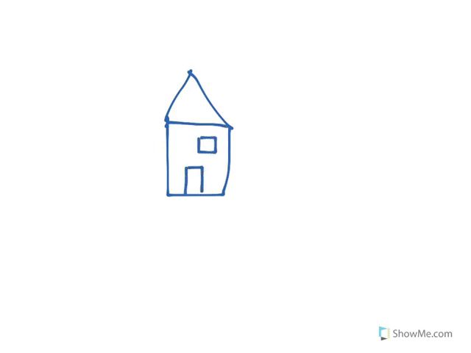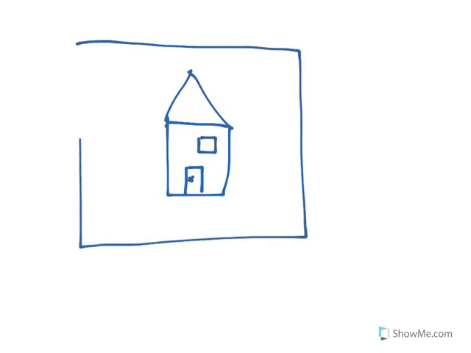What I like to imagine for perimeter, let's just say, I'm going to do my best with drawing. It's kind of a goofy looking thing. Okay, so this is your house. And some of you might have a fence around your house.